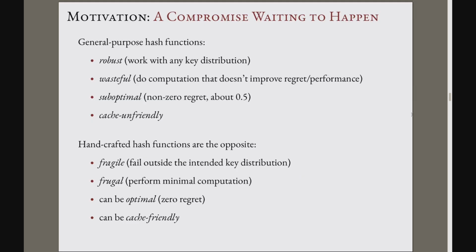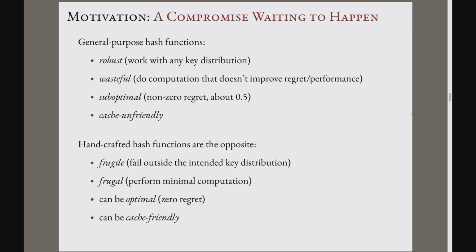It's unusable. Okay, so we have general purpose hash functions, murmur in this case. They are robust. They are designed to work with any key distribution, but they waste computation. So prefuzz did enjoy some advantage over murmur in some cases, but it has non-zero regret and does not care about the cache.